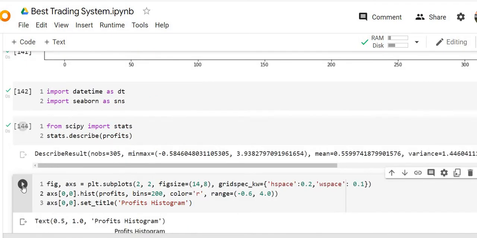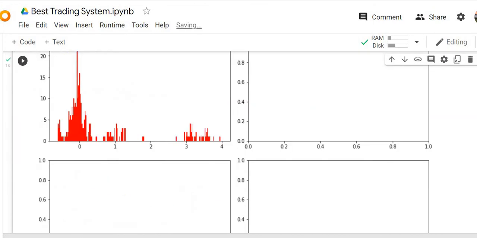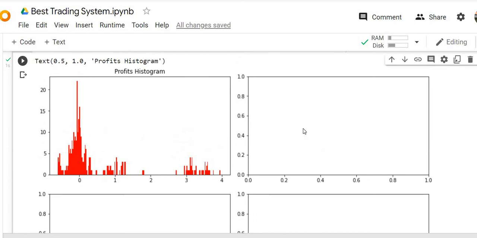Just a second. And this time we will have an absolutely different picture, and we will see that maybe we are achieving the results we are trying to achieve from the trading methodology, because our negative results are quite close to zero.